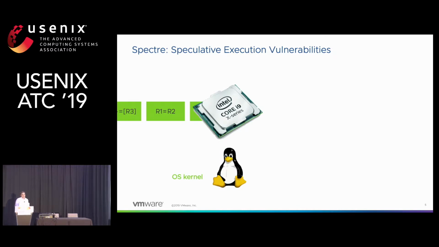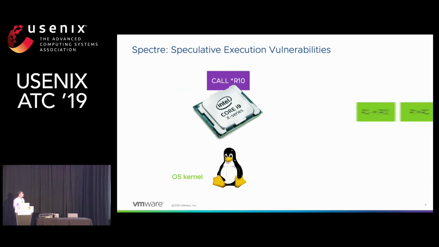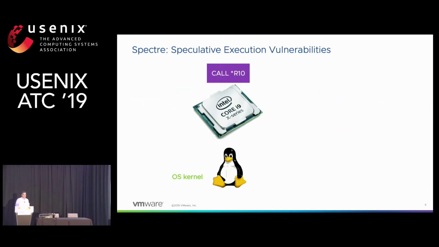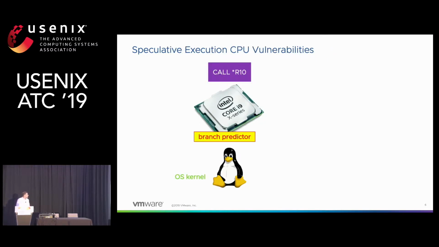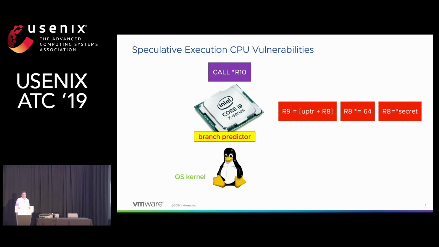So Spectre is a family of vulnerabilities. And basically, the main cause is that CPUs try to execute instructions as fast as possible. But from time to time, they encounter an instruction that prevents them from knowing what the next instruction to execute is. In such case, CPUs try to guess. And when they guess, they use a branch predictor to guess what the next instruction is, and they might mispredict.